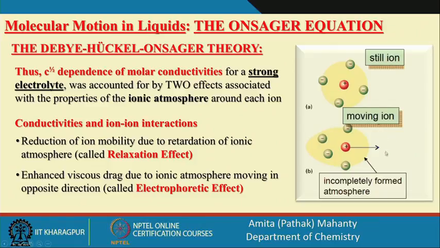Then the charge atmosphere which was surrounding it gets distorted. When it is moving forward, the ionic atmosphere in front is not completely formed, while the one which is behind has not completely disappeared.